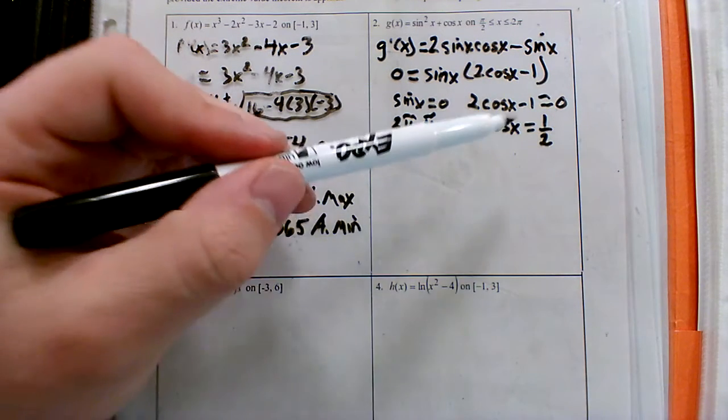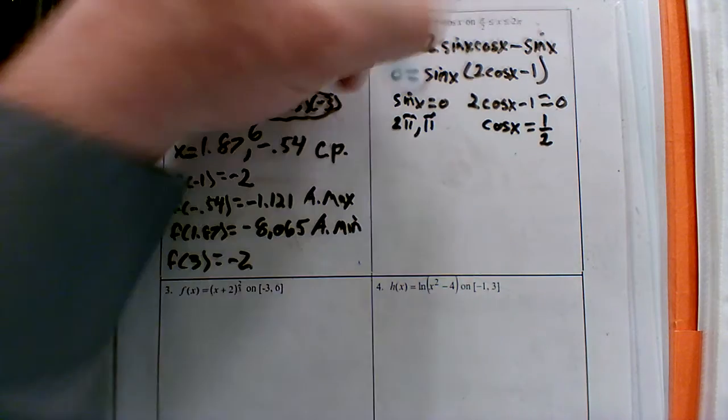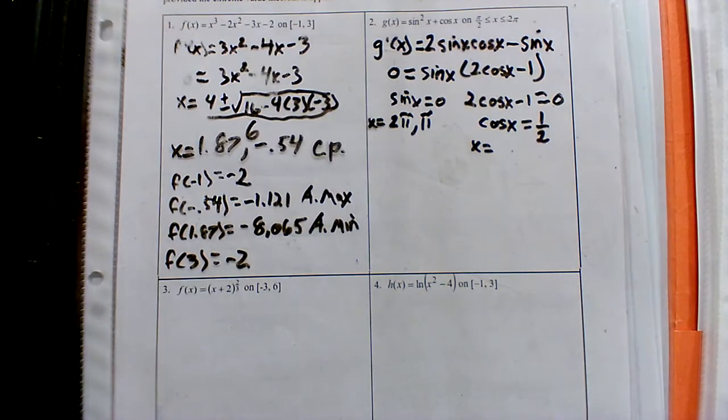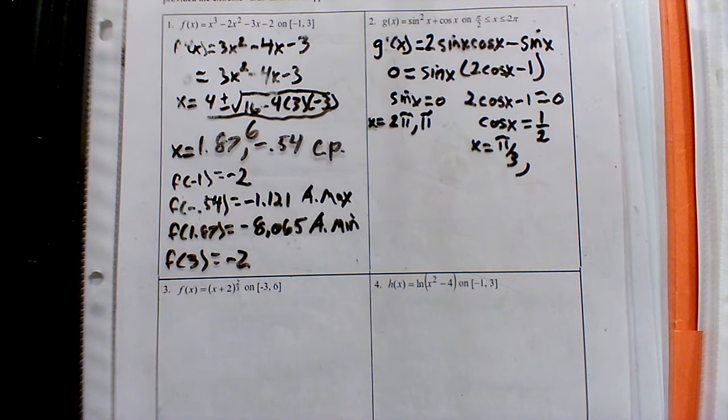So we want to know what x values give us that cosine. Cosine of what is equal to 1/2? Pi over 4. Close. Pi over 3. Yeah, it's pi over 3. So we have pi over 3. What else would make cosine equal to positive 1/2?